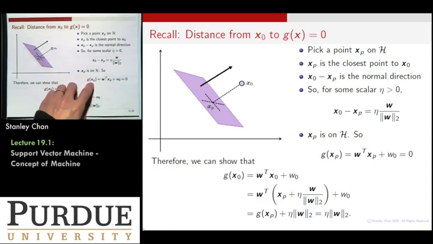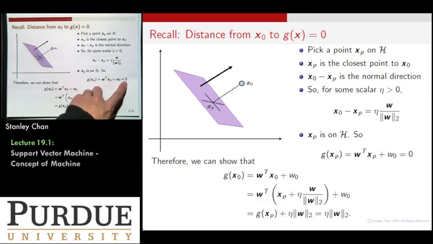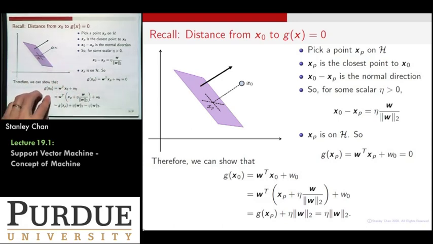And therefore, going through all these derivations, you can show that if I pick xp as my point and put it into g, since xp is living on my plane, it has to give me 0. And therefore, I can write this g of x0 as this, and then x0, according to this definition here, I have this xp. And since g of xp is 0, I can simplify this g of x0 in terms of eta times the w 2 norm. That should be the second time you're seeing this.